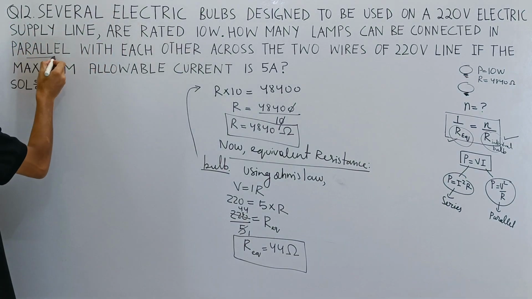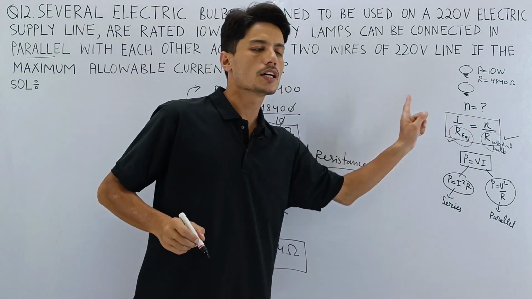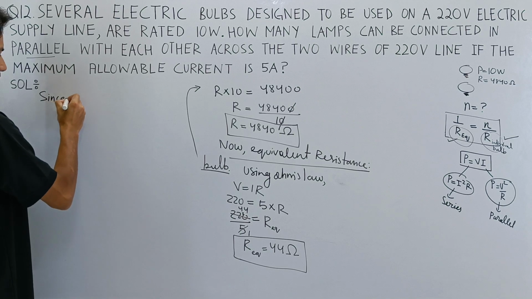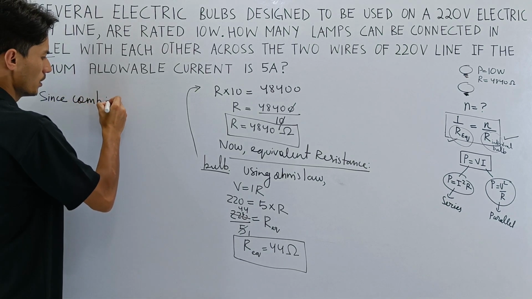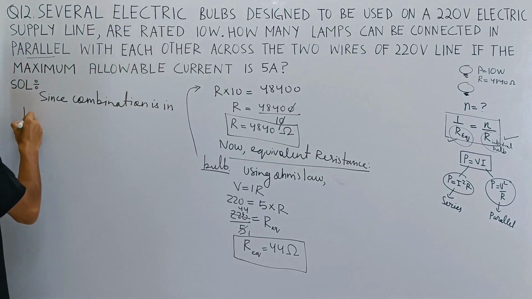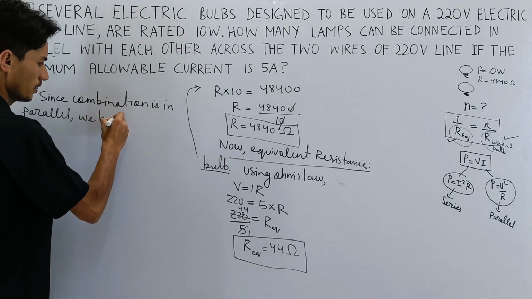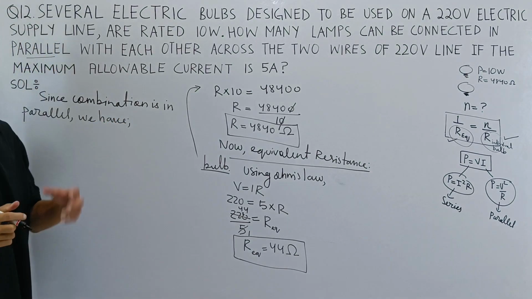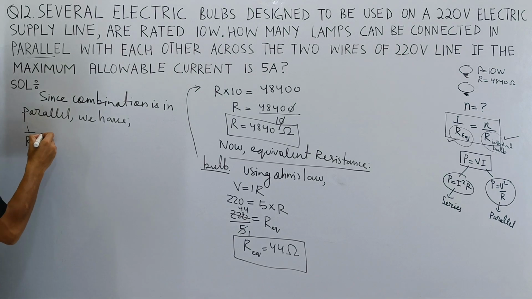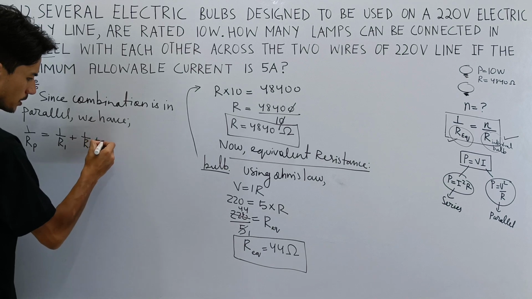Now remember, the combination is in parallel. So the next step will be to use the formula for the combination. So we write, since the combination is in parallel, we have the formula which is 1 by Rp is equal to 1 by R1 plus 1 by R2 plus, it goes on.